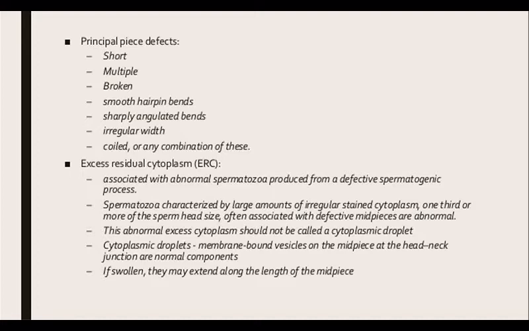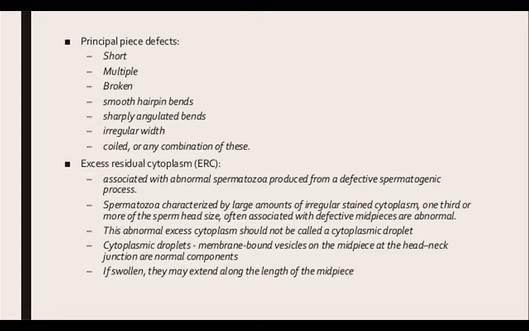Next, excess residual cytoplasm. It is associated with abnormal spermatozoa produced from a defective spermatogenetic process. Spermatozoa characterized by a large amount of irregular stained cytoplasm, one-third or more of the sperm head size, often associated with a defective midpiece, are said to be abnormal.